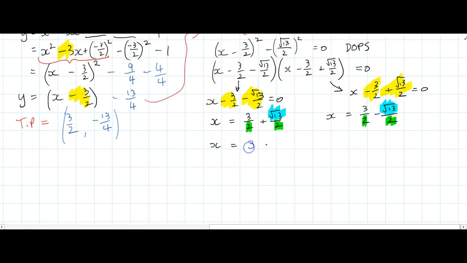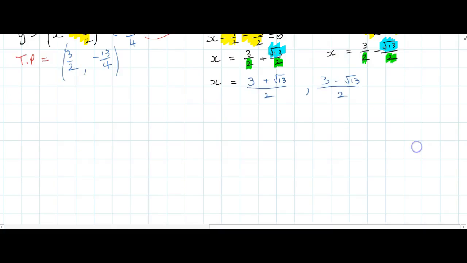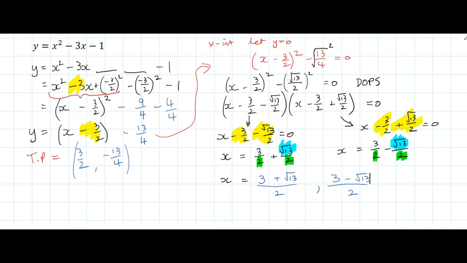So we actually get 3 plus root 13 over 2, and 3 minus root 13 over 2. Okay, so that's how you find the x-intercepts. To find out where approximately they are on the x-axis, you can stick that in your calculator. I've done it in advance, so I'll work it out.